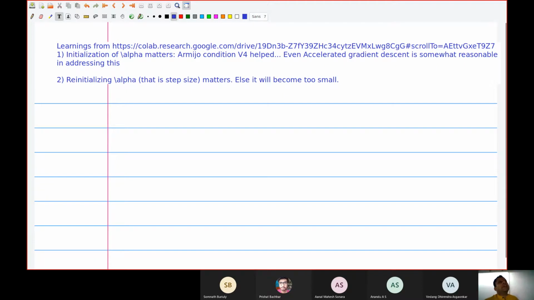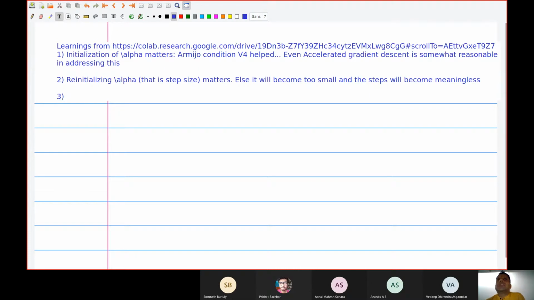It increased the number of backtrackings, but it gave better results because the alphas are not just, across iterations, you're just making alpha 0, then the steps are trivial, right? There's hardly any step that you're taking. So it becomes too small and the steps become meaningless, right?